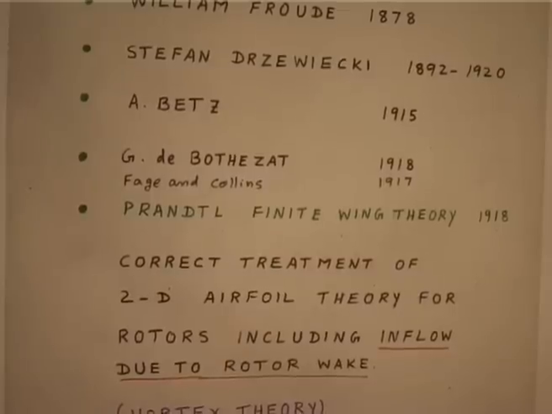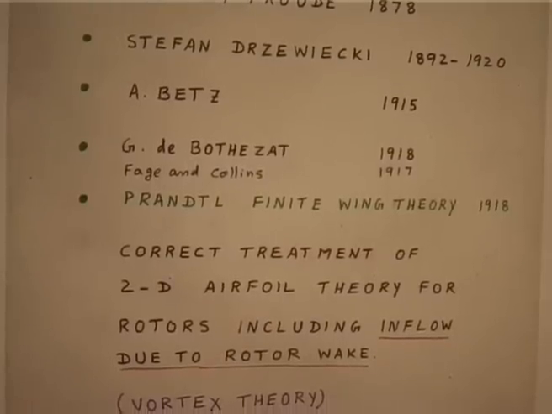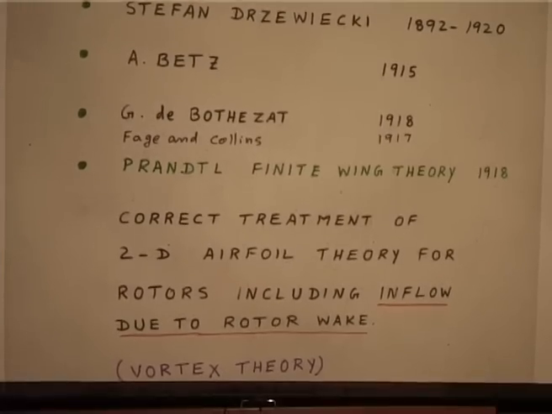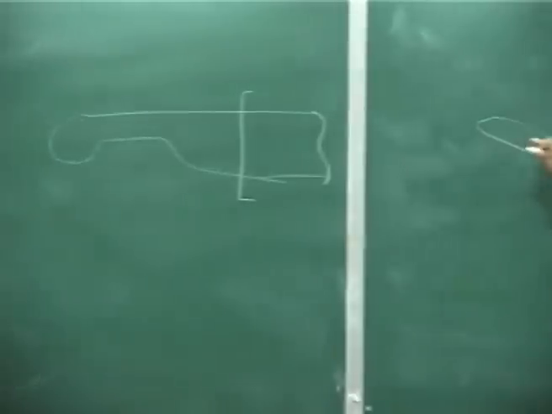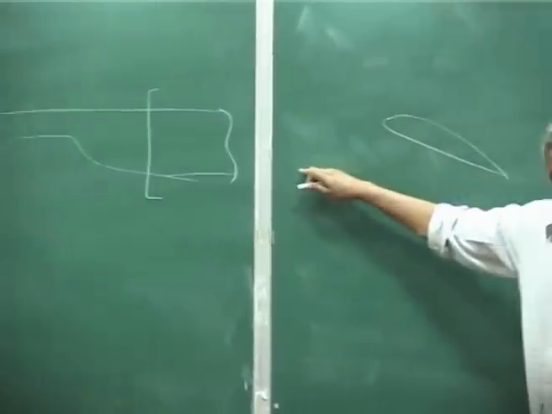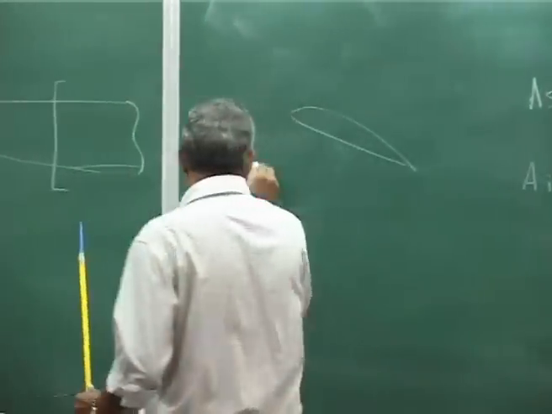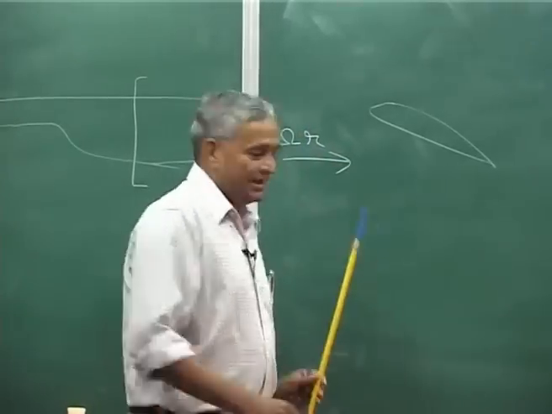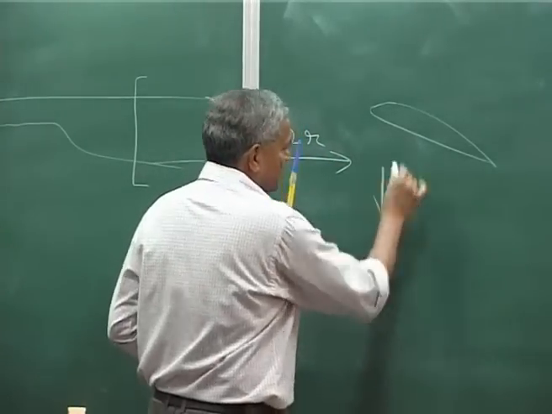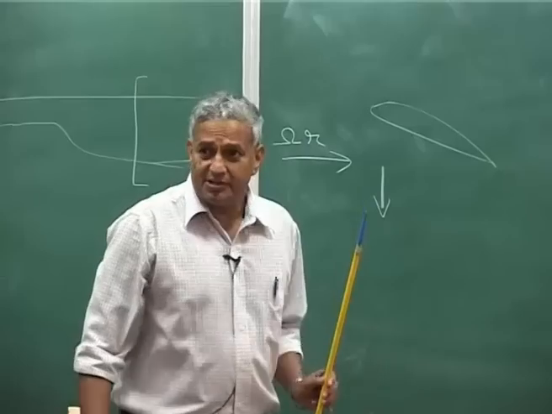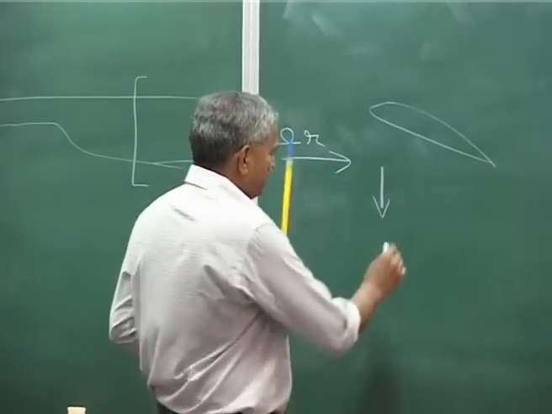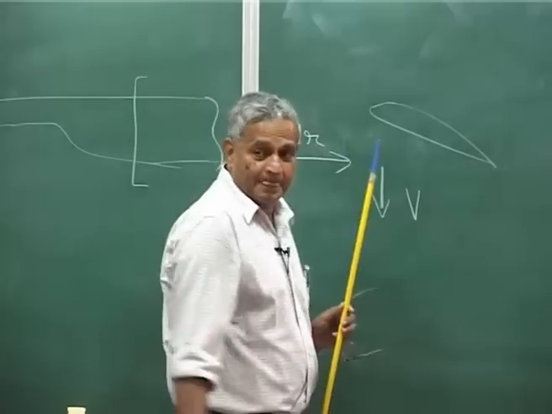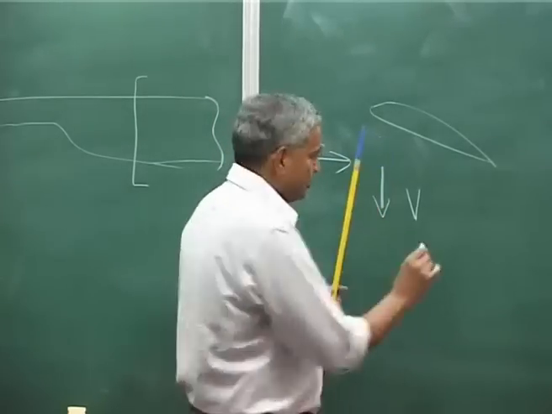But what induced velocity should I take if I want to calculate the lift here on the propeller? This is the cross section, omega r is there. So, this is my omega r, and the propeller is going with an axial velocity, which you may call V, plus some induced flow.